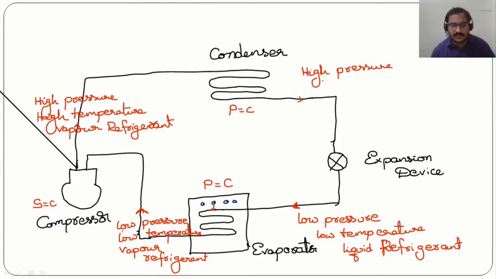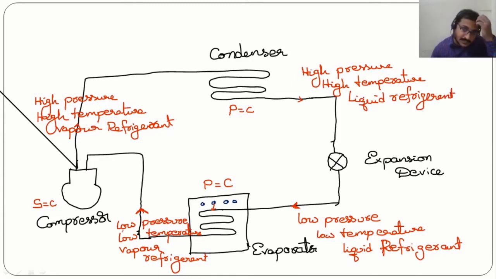So high pressure, high temperature. So the temperature may be changed, may be same, or it may reduce below this saturation temperature. So high pressure, high temperature liquid refrigerant comes out from the condenser. Now this high pressure, high temperature liquid refrigerant enters into the expansion device.